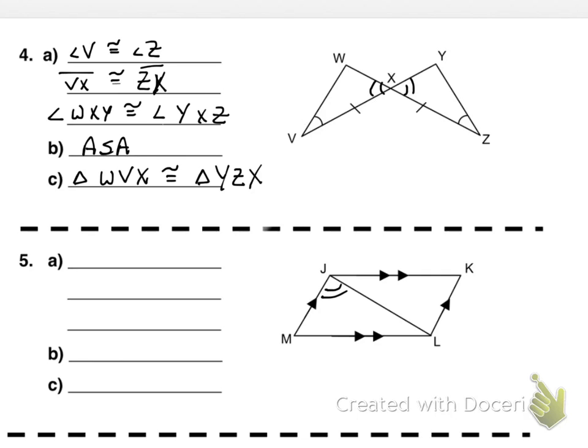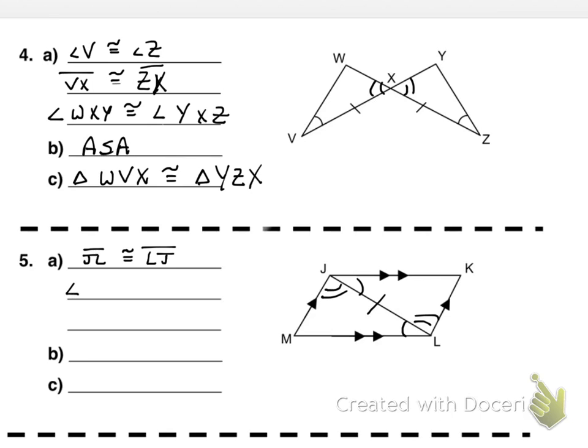So this angle is congruent to this angle, and this angle would be congruent. This side is a shared side, so it has to be congruent to itself. So from that, we know that side JL is congruent to side LJ.